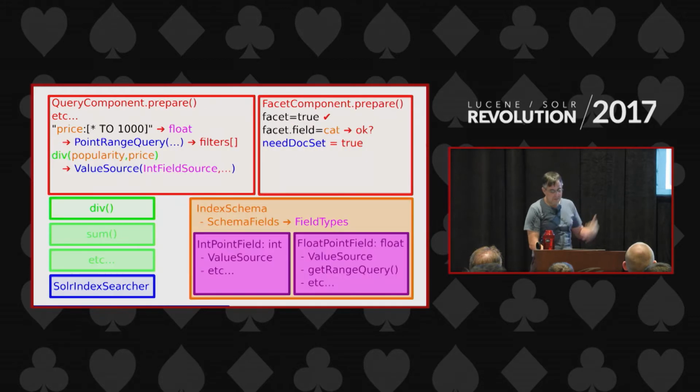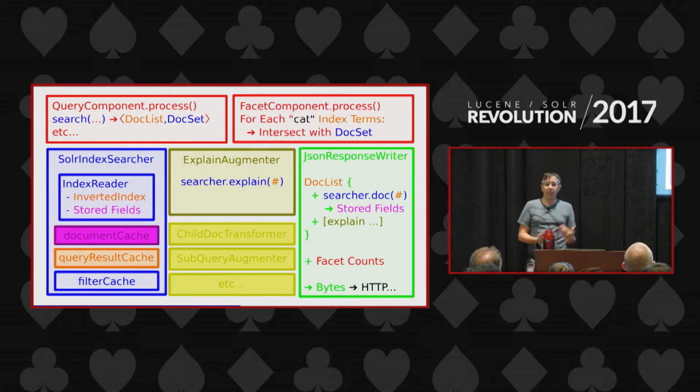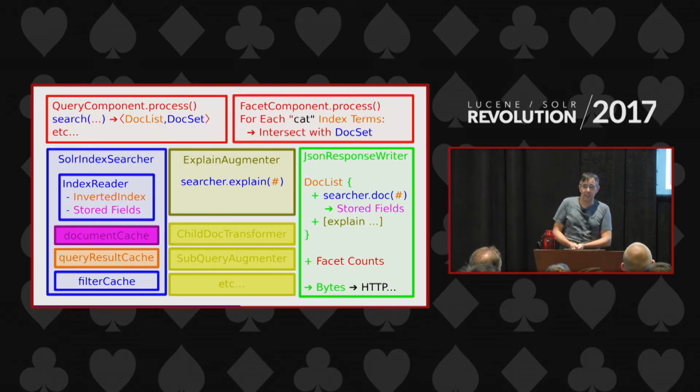And when the facet component's prepare method sets that flag, it doesn't actually do any work. It doesn't generate anything. It's just informing the Solr index searcher that when the query component goes and executes that query, which from the query component's perspective looks exactly the same as the last query, the Solr index searcher now knows that it needs to generate additional information. It doesn't just need to generate that doc list because there are other actors in play.